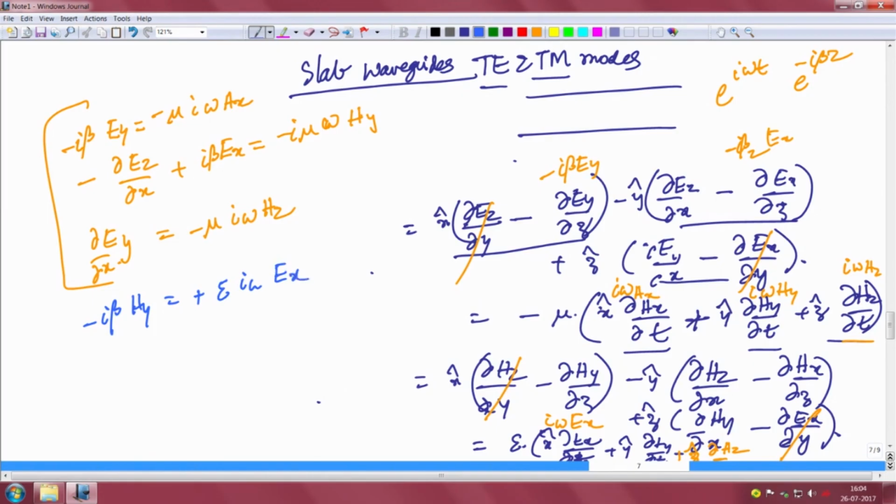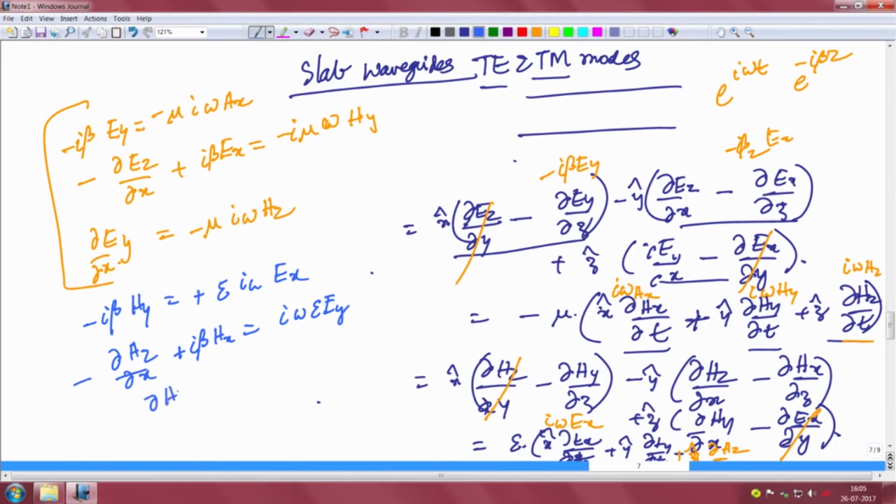Similarly, minus is already there, and minus dHz by dx, minus with respect to z, minus I beta, plus I beta into Hx equals epsilon into I omega Ey.